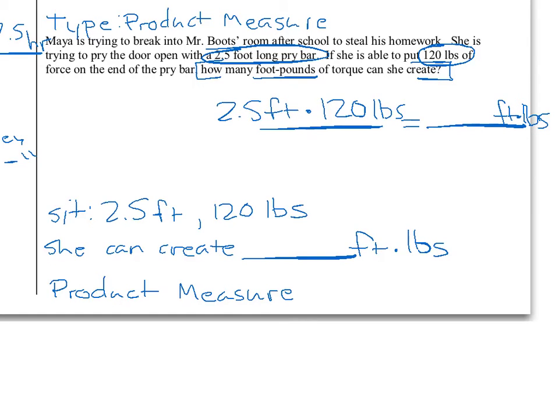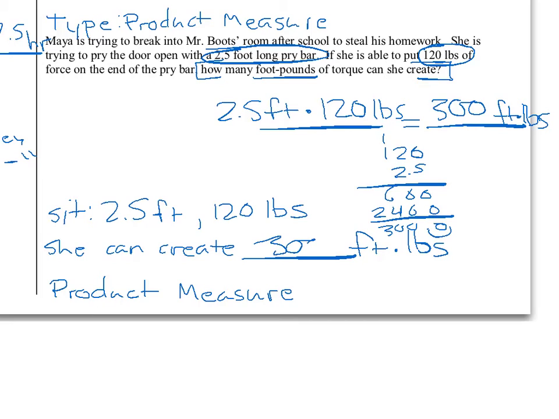Okay, we need feet and pounds both on top. That's exactly what we've got. We've got no extra units anywhere. This is perfect for us. So all we have to do in this particular problem is multiply 2.5 times 120. 1 decimal place. So it looks like I get 300 foot-pounds.